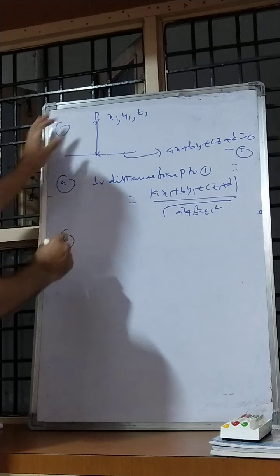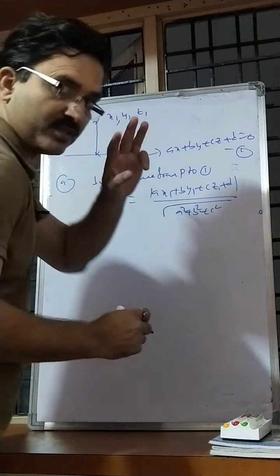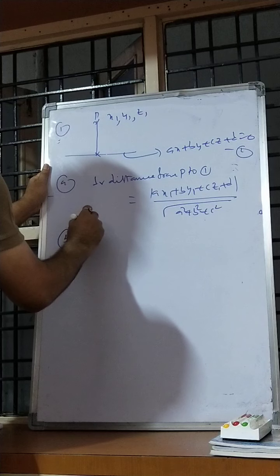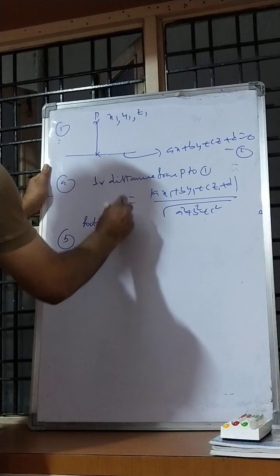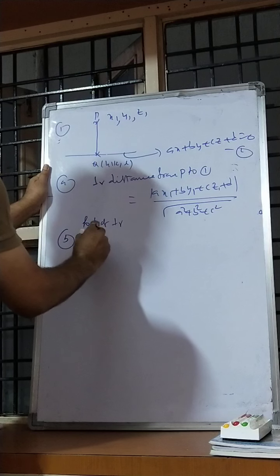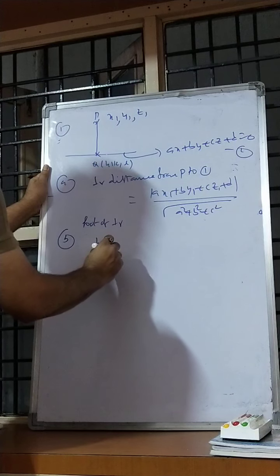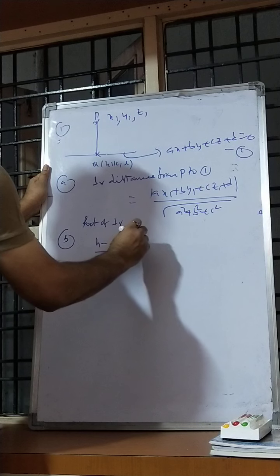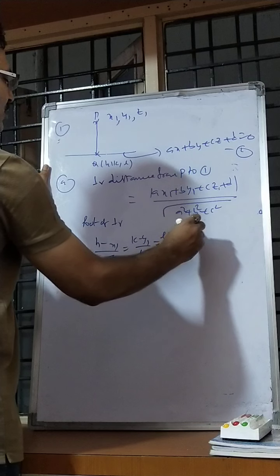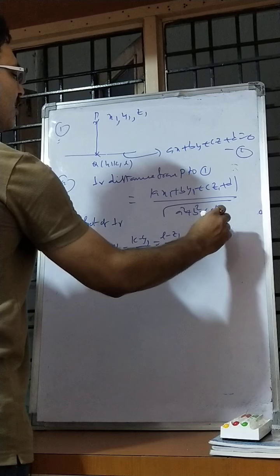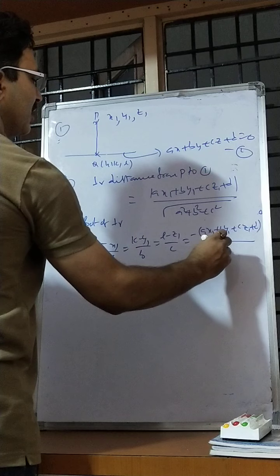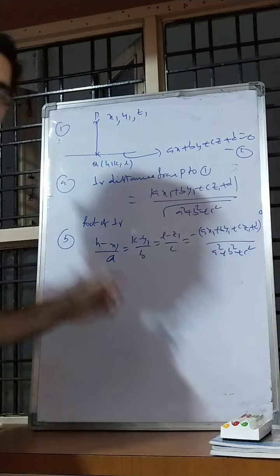The second point we can find: a point and a plane are given, which means three possibilities are there. One is this. The other one is we can find the foot of perpendicular. Say this is (h, k, l). So we have the formula (h - x1)/a = (k - y1)/b = (l - z1)/c = -(ax1 + by1 + cz1 + d)/(a² + b² + c²).